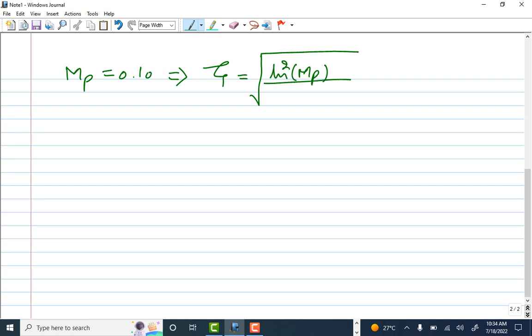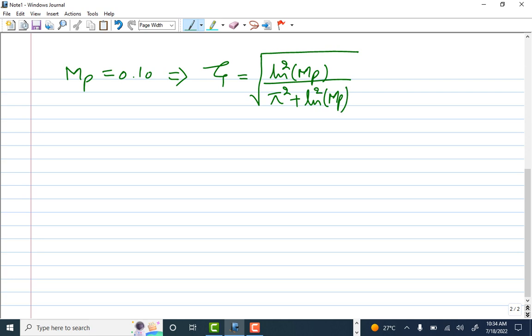Before designing this, we use the specification. The first specification was that we have Mp equal to 0.10. This means that we have to use a formula to calculate zeta. If you remember, the formula is zeta equals the square root of natural log squared of Mp divided by pi squared plus natural log squared of Mp.